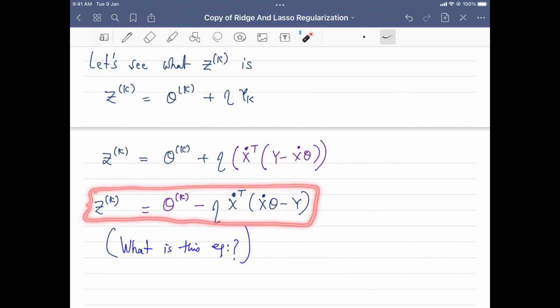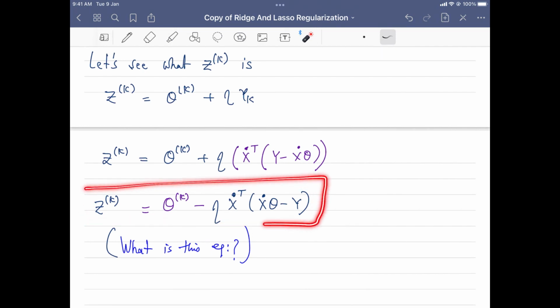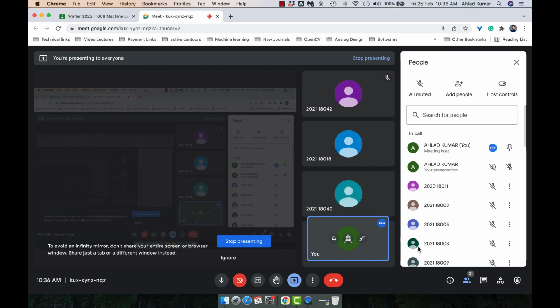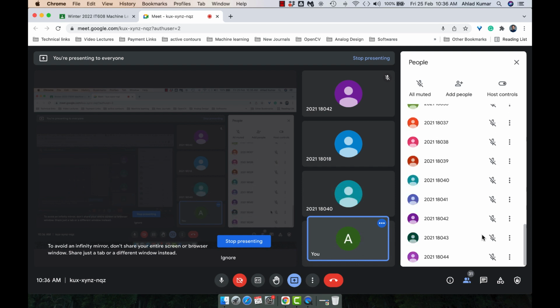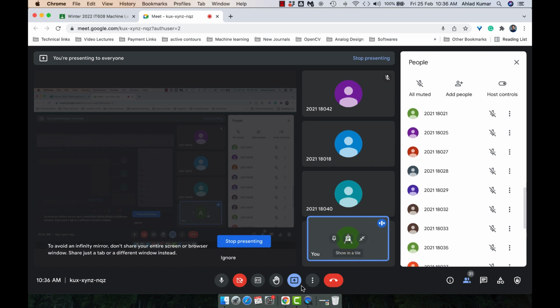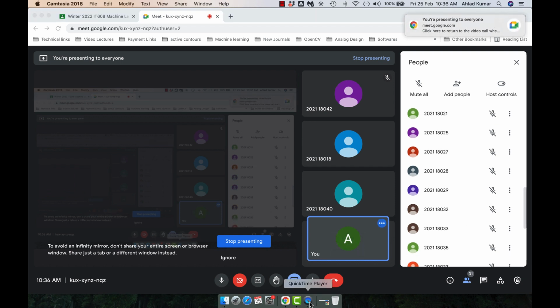So can anyone tell me what is this expression? Have you seen this expression before? Anyone? Sir, can you show the expression once again?